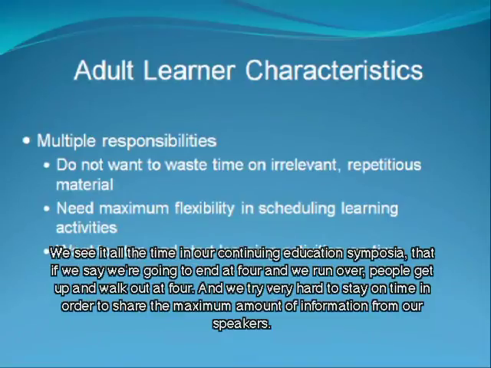We see it all the time in our continuing education symposia, that if we say we're going to end at 4 and we run over, people get up and walk out at 4. And we try very hard to stay on time in order to share the maximum amount of information from our speakers.